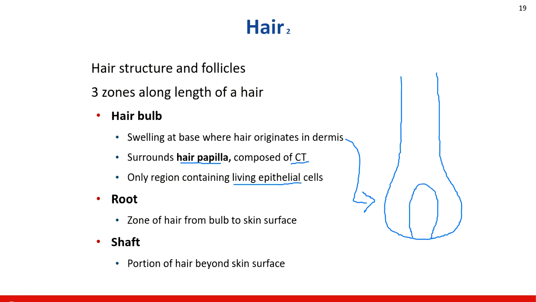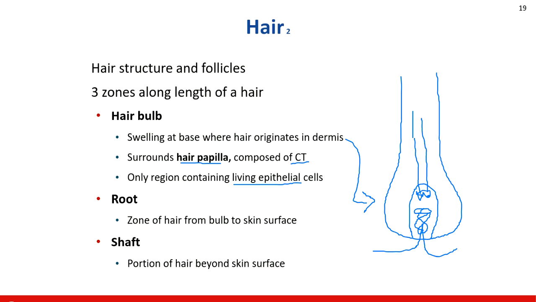We'll actually have the hair matrix, and then below the hair matrix are our blood vessels, that hair papilla there, the plexus. You'll have blood vessels coming in and leaving. And then the hair matrix, which is the actively growing part of the epithelium, is going to push the hair up towards the superficial region.